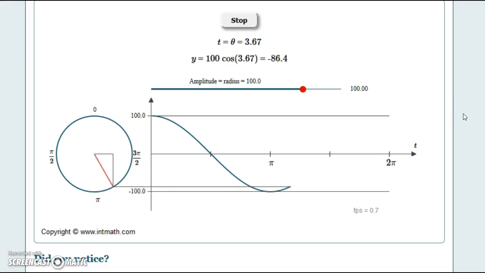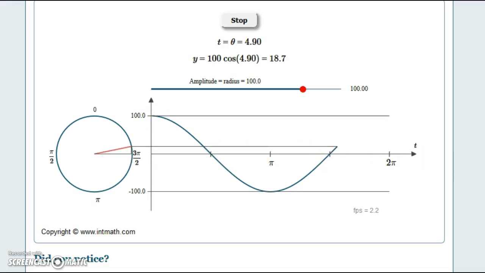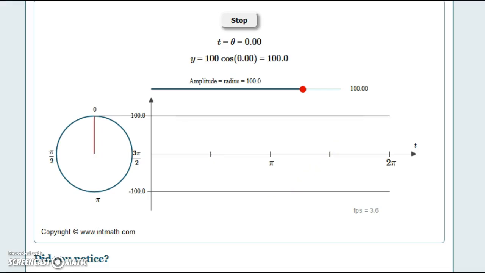It is a continuous function just like sine is, where sine had a 0 here and at 2 pi. Cosine has a 0 at pi over 2 and 3 pi over 2. So you can see straight from the unit circle that we are getting the graph of y equals cosine of x based on all of those values around the unit circle.